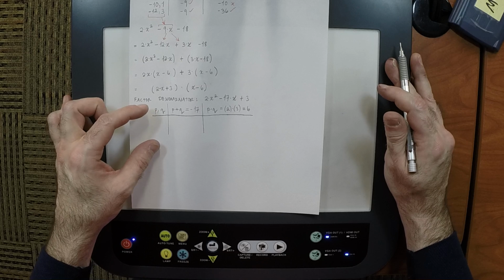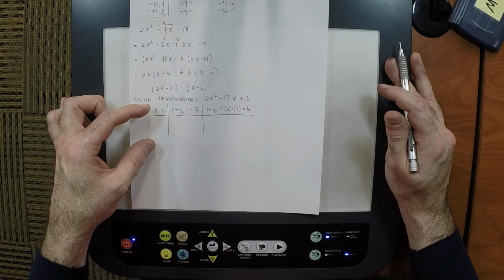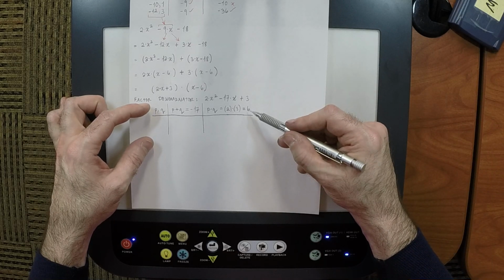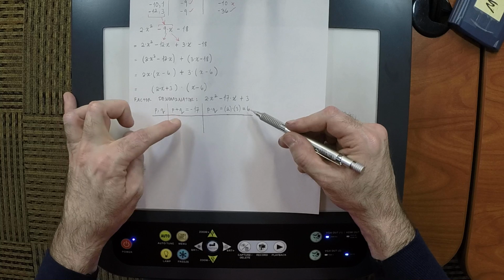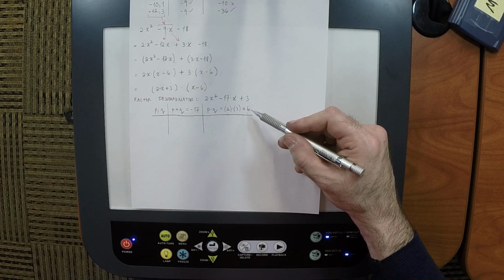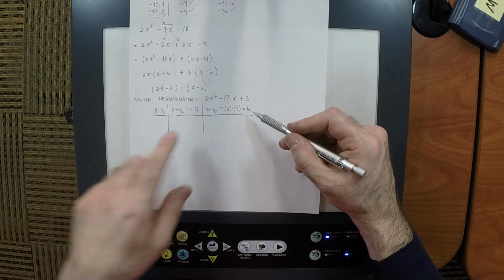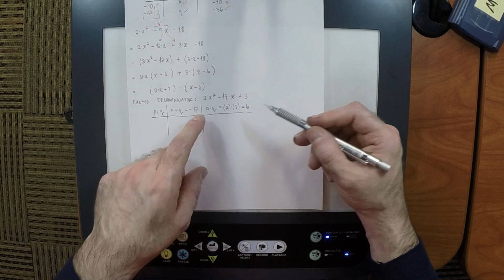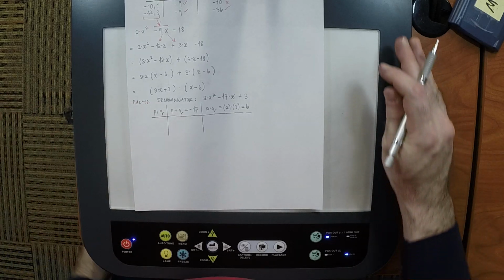Can anyone put it into words? Yeah. We need a product and we need a sum. And that product is little and the sum is big. Imagine all the ways you can factor 6 with integers.